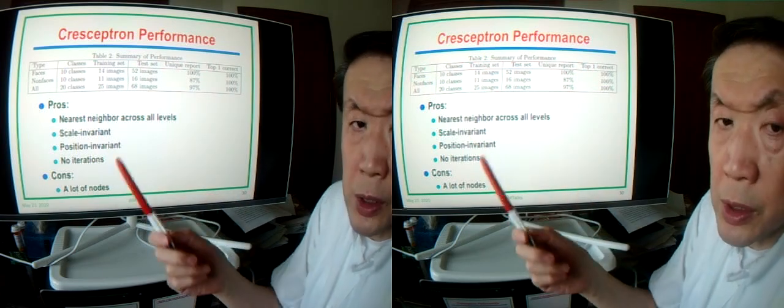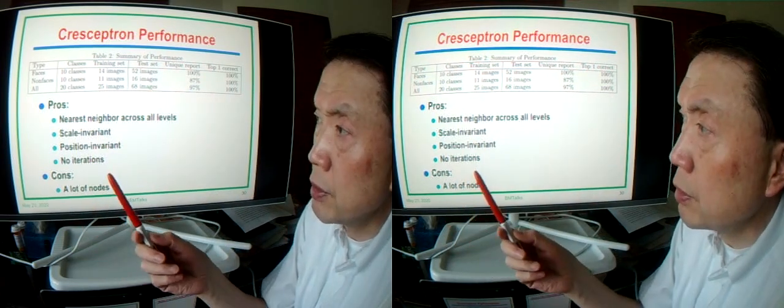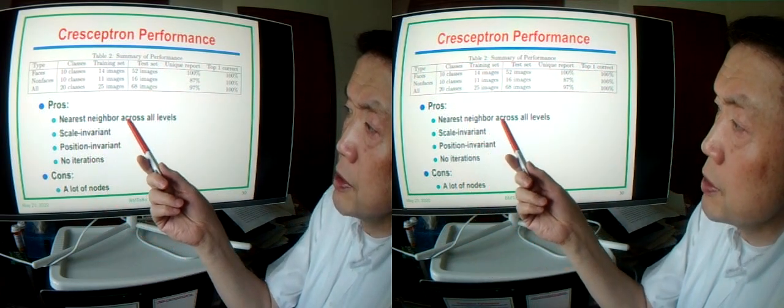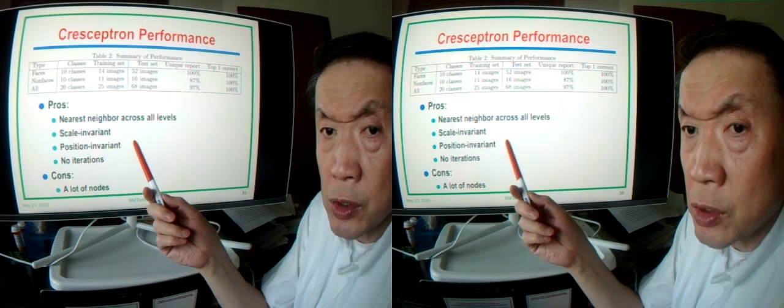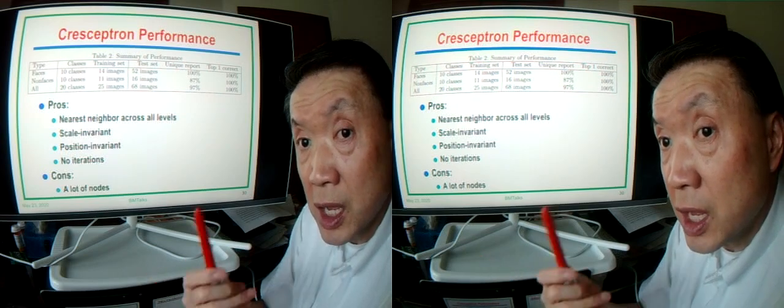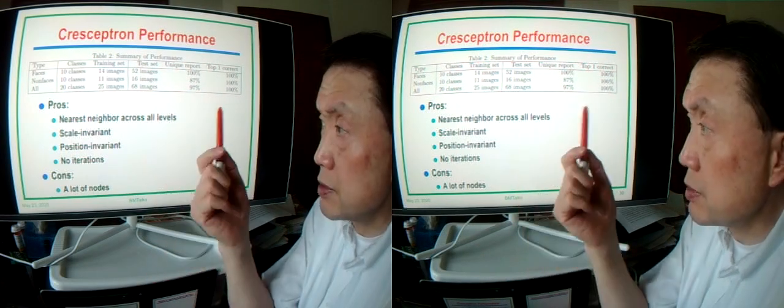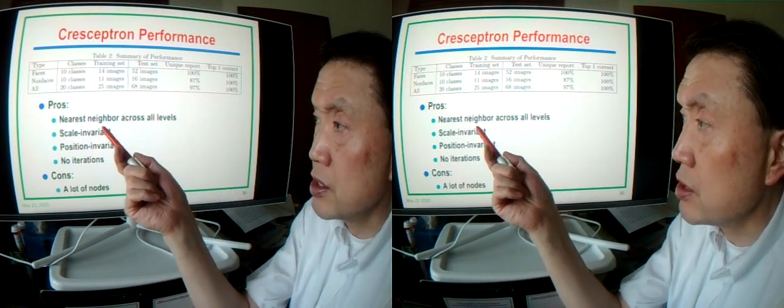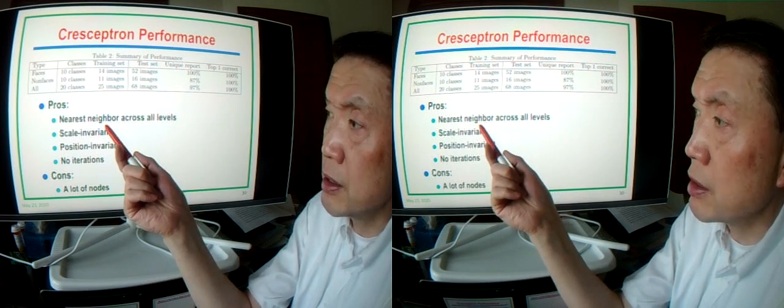All right. What are the pros? The pro is that it's nearest neighbor across all levels. So it's very efficient and correct, because if a sample comes in, it's guaranteed to be the nearest neighbor. You find the nearest neighbor, then it's correct.